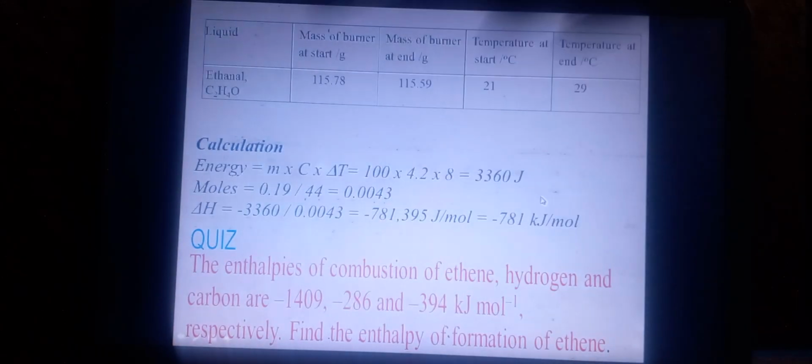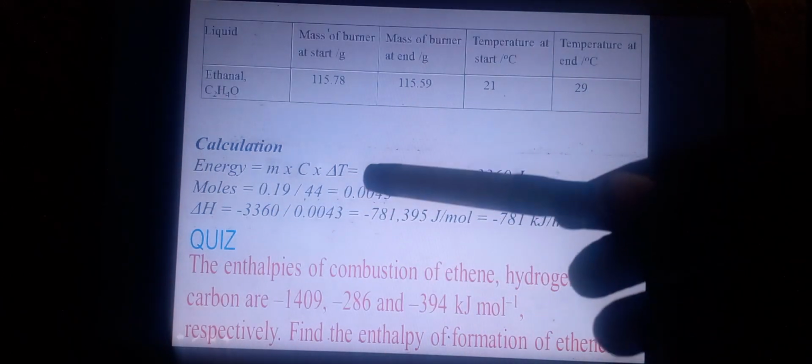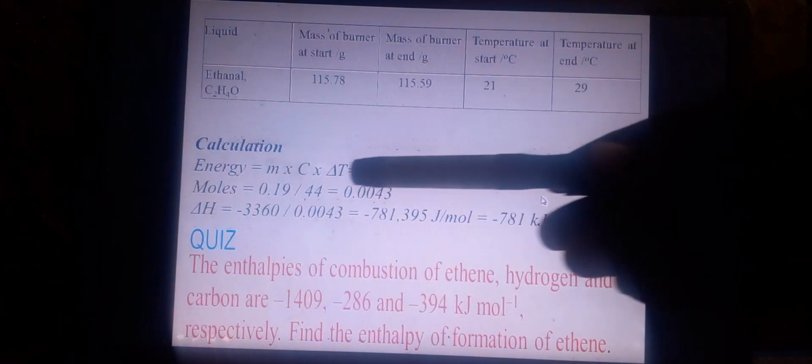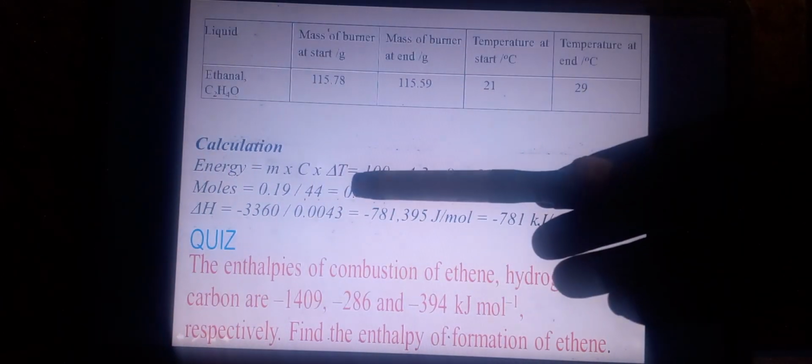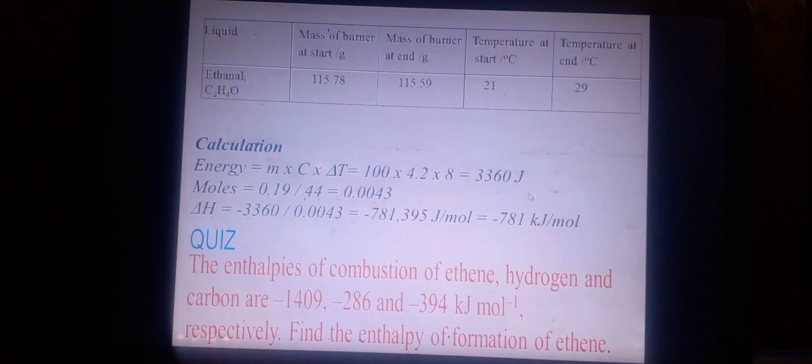Then you substitute in that formula. Enthalpy change is equal to M times C times temperature change. For our M, we use the mass of the solution. Remember we use the mass of the solution, not the mass of the fuel that burned, so the mass of water.